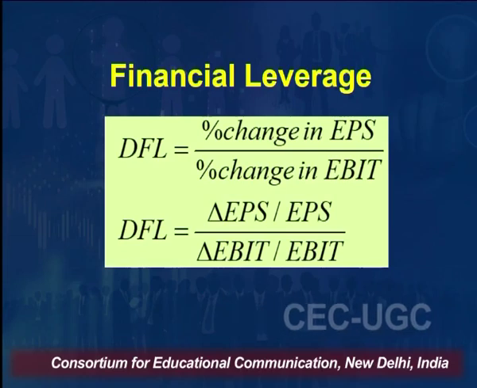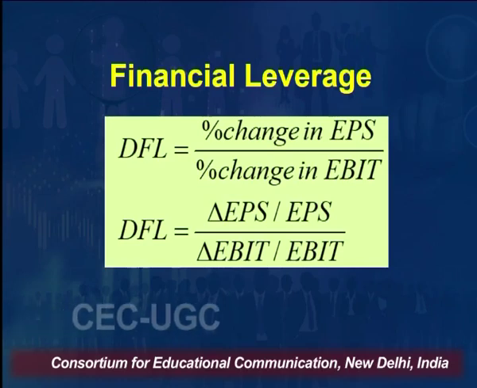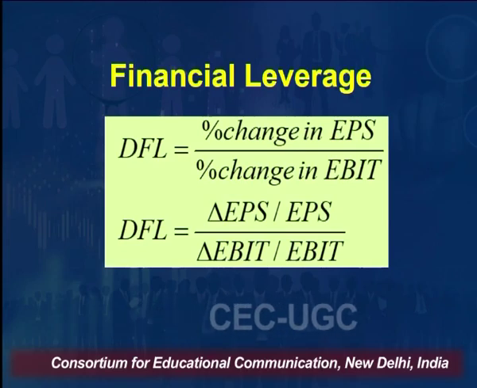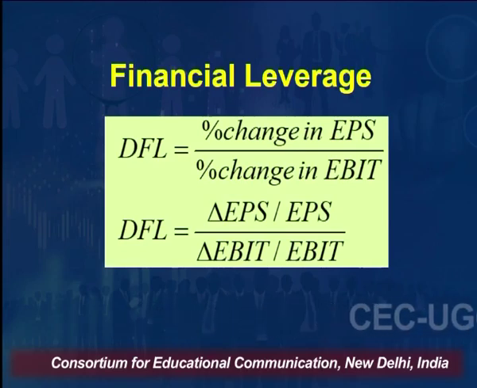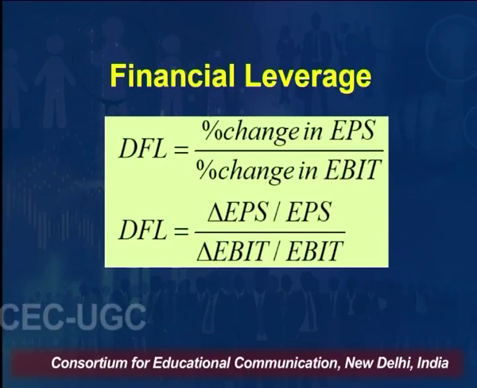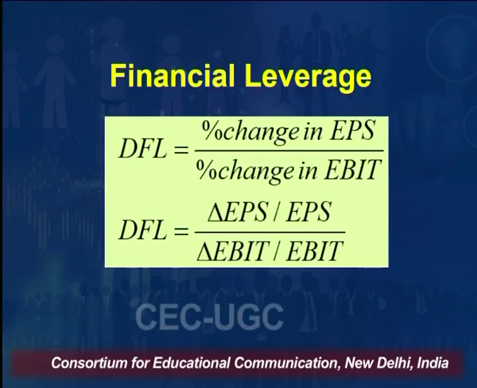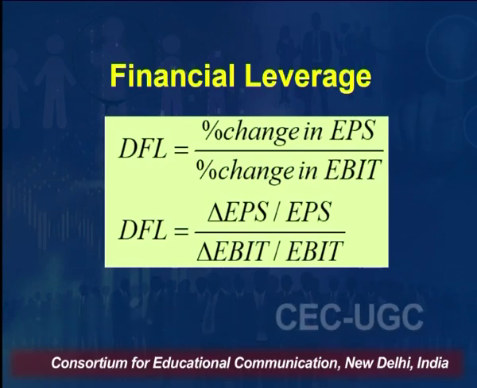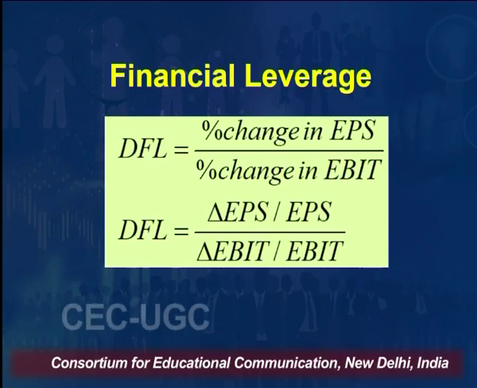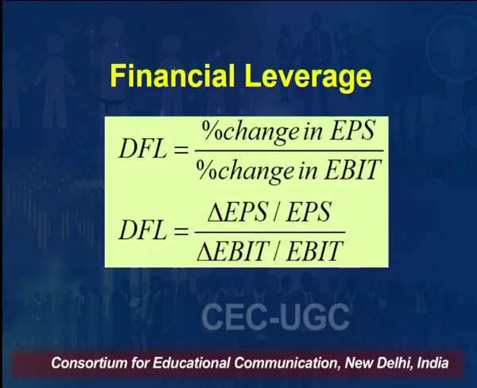For calculating financial leverage, we may use this formula where our degree of financial leverage is equal to percentage change in EPS, that is earning per share, divided by percentage change in EBIT, that is earning before interest and tax. Okay. This may also be calculated by utilizing the formula which is given on the lower side of the screen, that is change in EPS divided by EPS, and the whole value has to be divided by change in EBIT divided by EBIT. Okay.